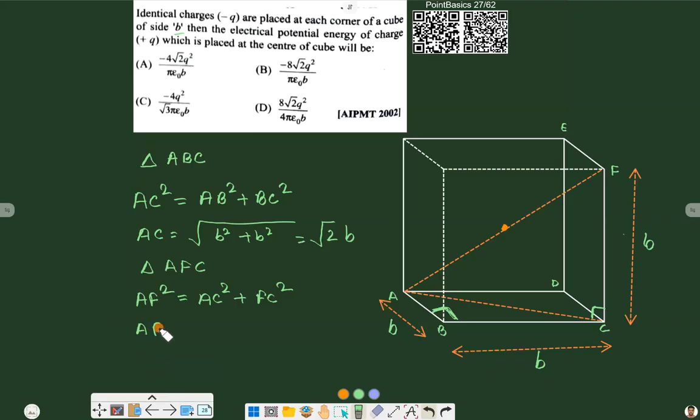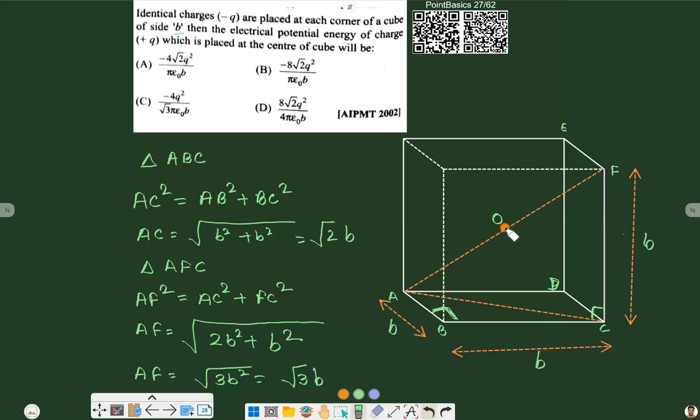So AF will be under root of AC square, which is 2B square, plus FC square, which is B square. So AF will be equal to root 3B square, or root 3 times B. Now suppose this is D. This point is O.